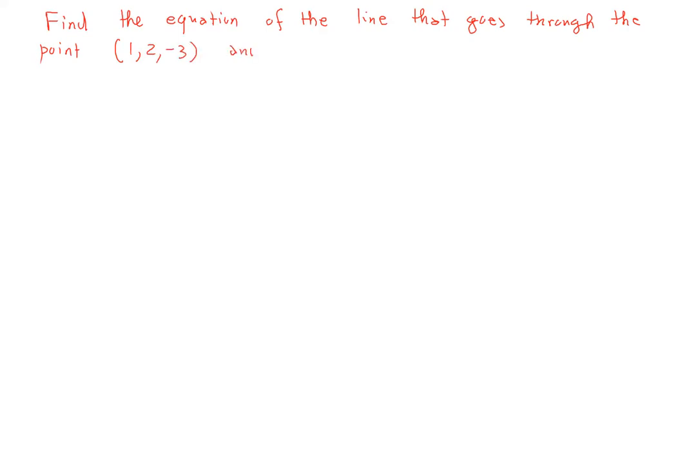Find the equation of the line that goes through the point (1, 2, -3) and is perpendicular to the plane z is equal to 2x minus 3y.